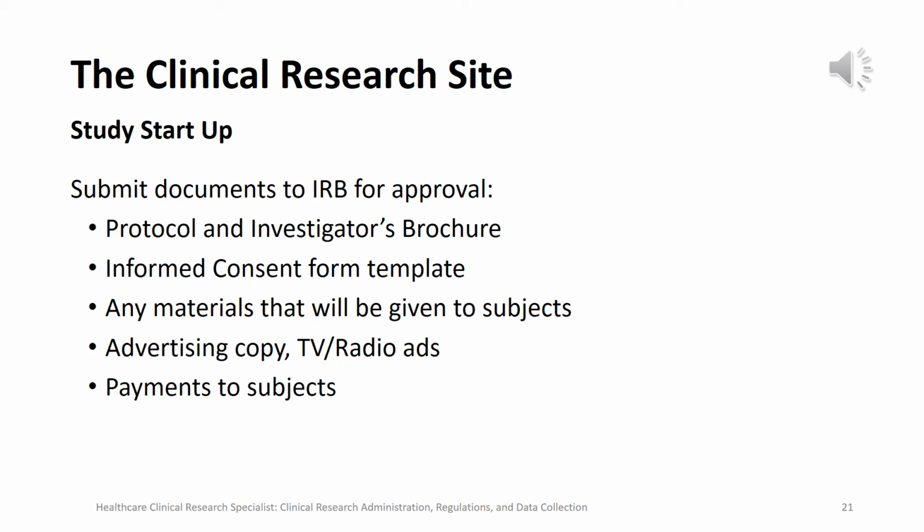The IRB also has to approve any payments that we're going to make to the subjects. So we have to ensure that these payments are not so high that they could somehow be considered coercive, where the subject is only doing it because they're getting some money for it. So in that regard, they also need to be approved by the IRB.